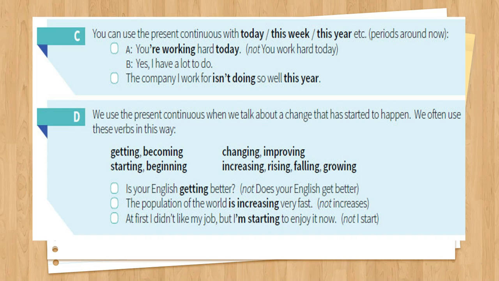D. We use the present continuous when we talk about a change that has started to happen. We often use these verbs in this way. Pay attention: getting, becoming, changing, improving, starting, beginning, increasing, rising, falling, growing.